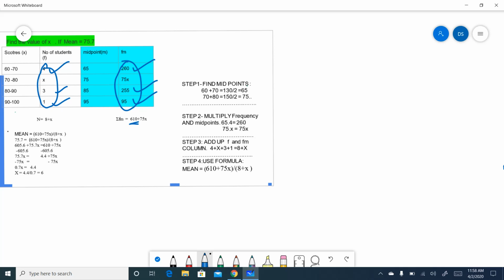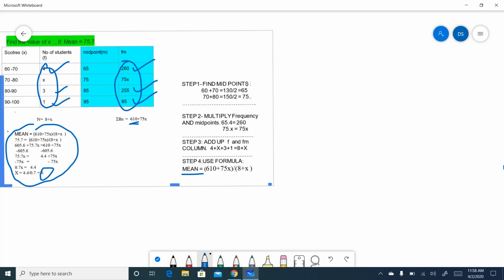Okay, so our next step is to use the formula for the mean. Over here I have calculated the mean, but it looks a little bit difficult. You may not understand how we come up with the answer.